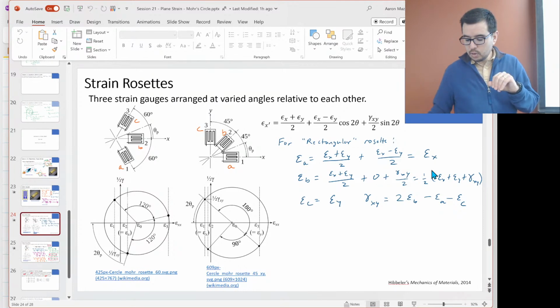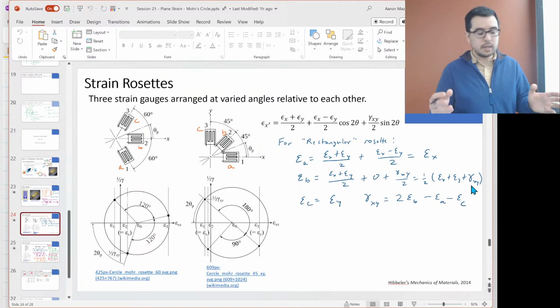If we have epsilon X and epsilon Y, we can figure out what epsilon B is, just because gamma XY is 0 in this particular case. It's a case with principal strains, principal stresses. So the trick is to figure out what epsilon X and epsilon Y are.